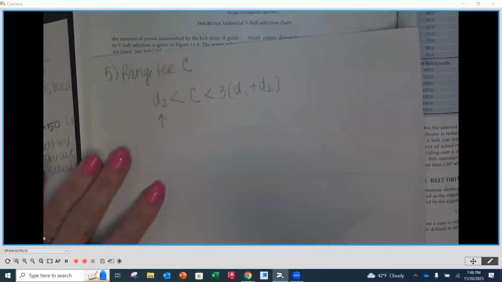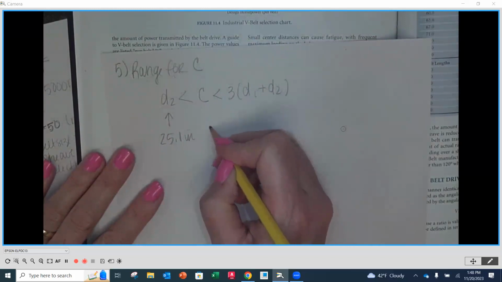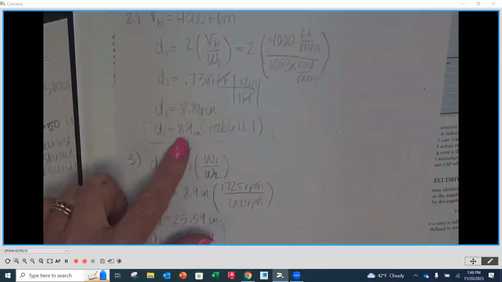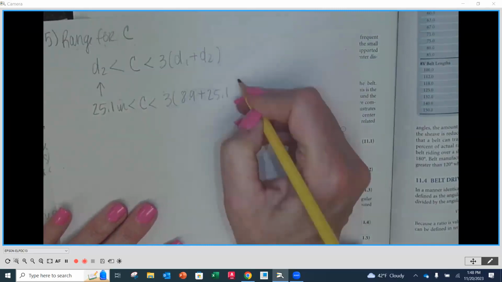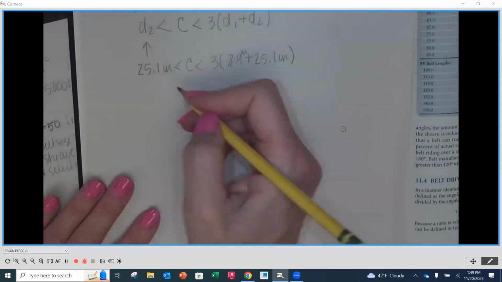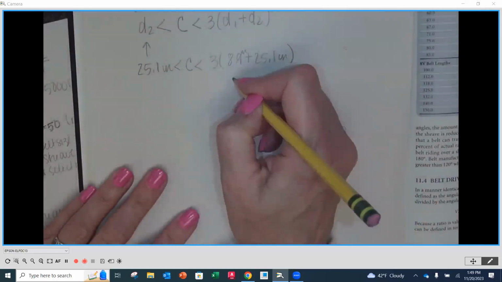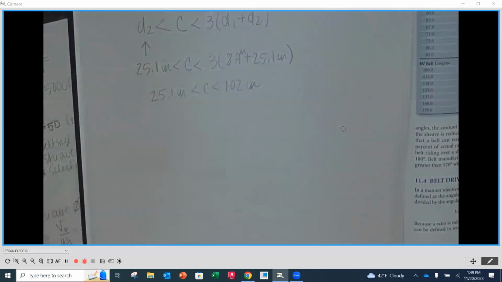We know this number is going to be 25.1 inches, right? We went with the 25.1. And then this number over here, C has to be less than 3 times our D1, 8.9 inches, plus our D2, 25.1 inches. That gets us 102 inches.